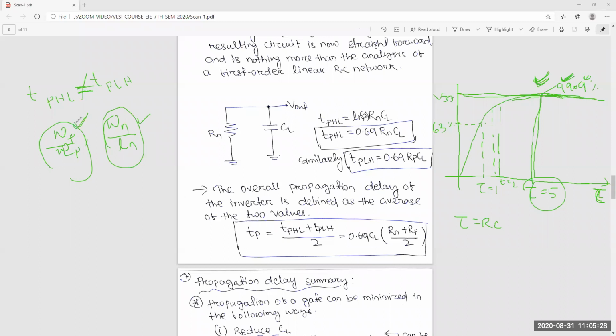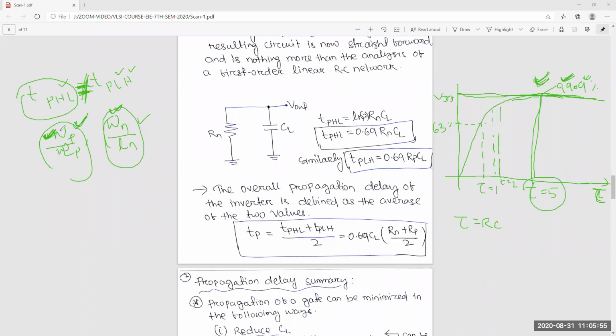Due to those differences, the high to low transition time or low to high transition time is not the same. To make them the same, generally we have to increase this WP value.